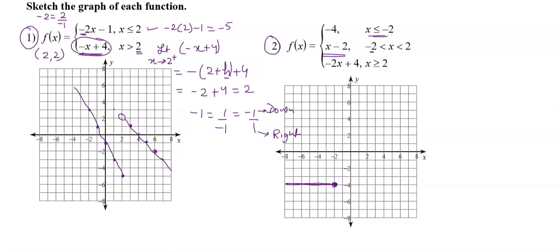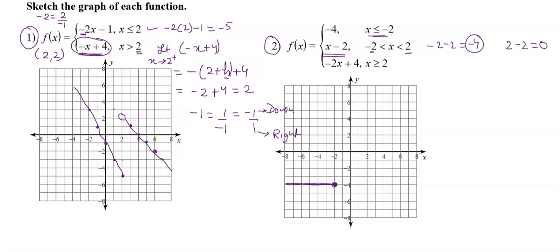When x is nearly equal to -2, what will be the y value? So the y value will be -2 minus 2, which is -4. Okay, that is the respective y value. And when x is 2, then the y value will be 2 minus 2, which is 0.